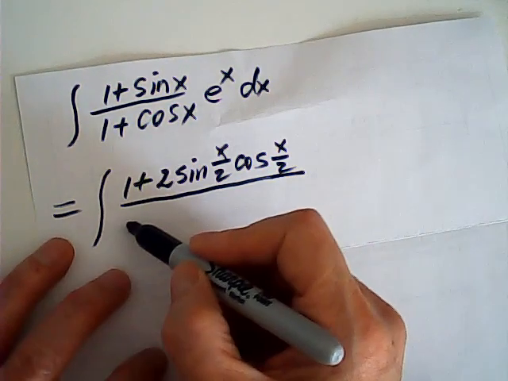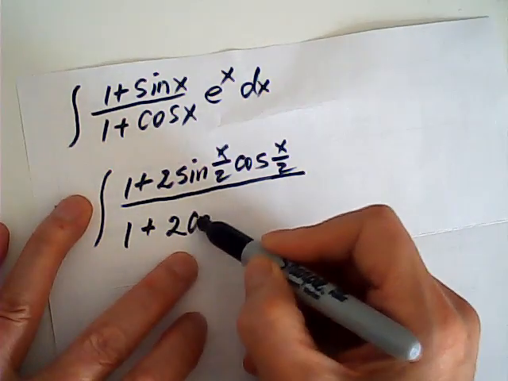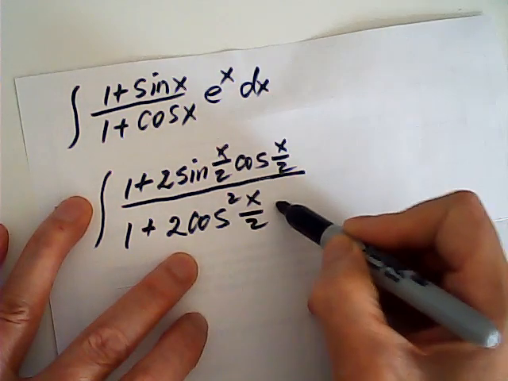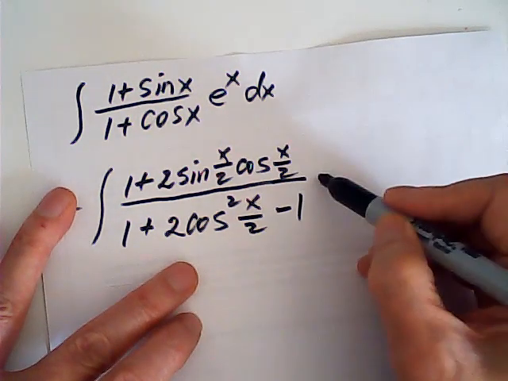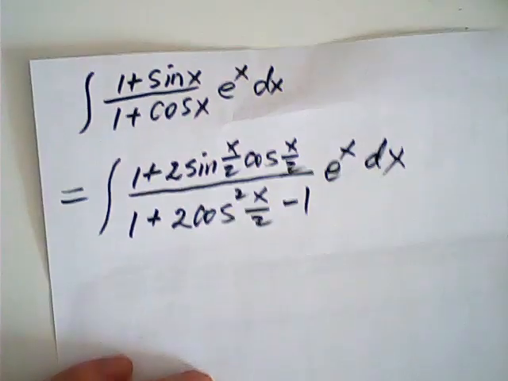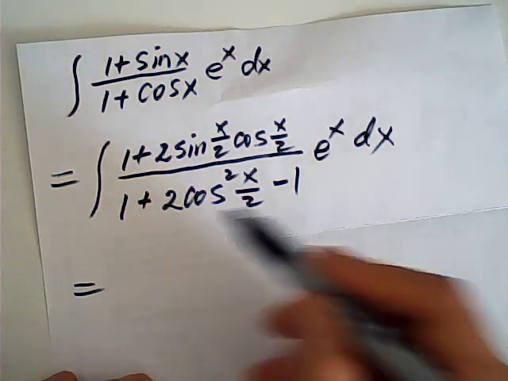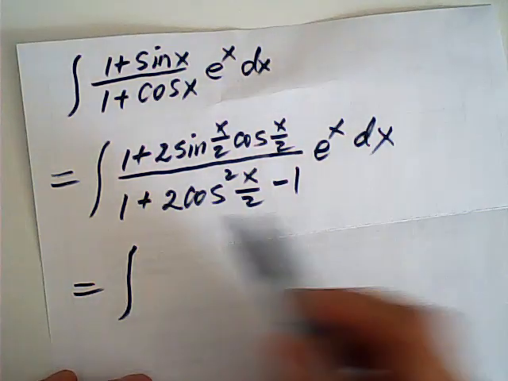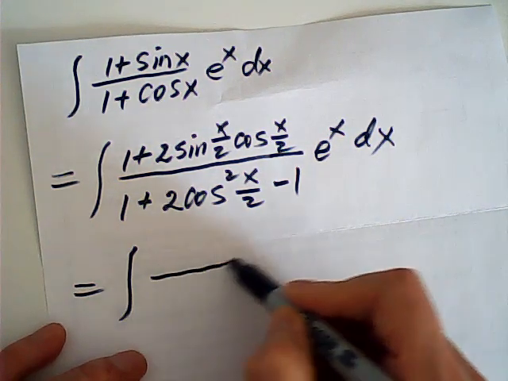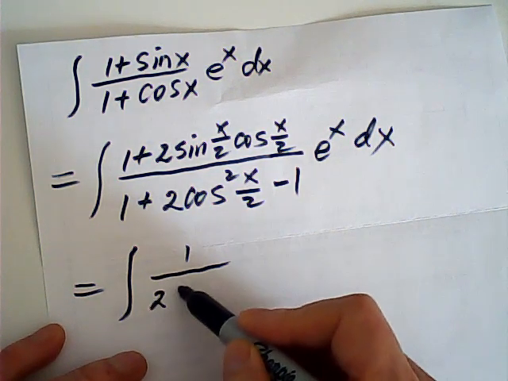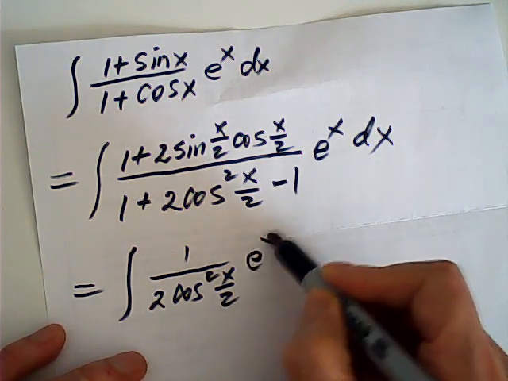And the denominator is 1 plus 2 cosine squared half x minus 1, right? Times e to the x dx. Now the 1s cancel out, and the first one is 1 over 2 cosine squared half x, e to the x dx.